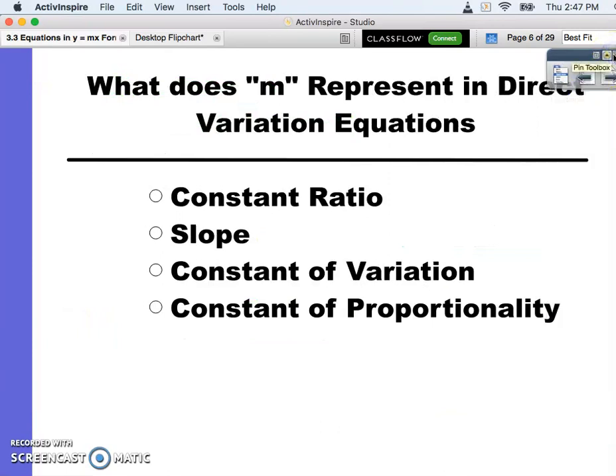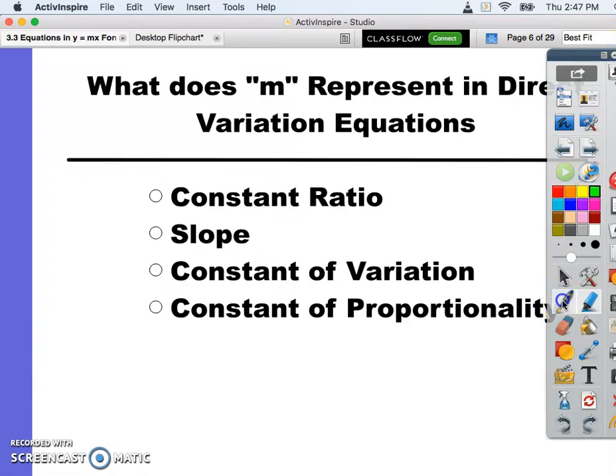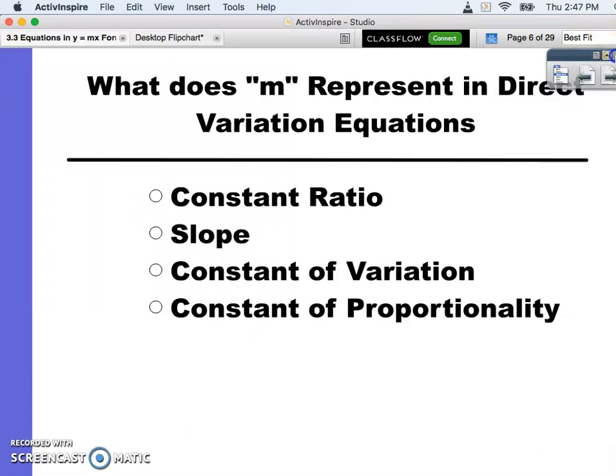All right, what does m represent in direct variation? It's the constant ratio. The constant ratio we found was y divided by x, so I want you to write y divided by x. It's also the slope.